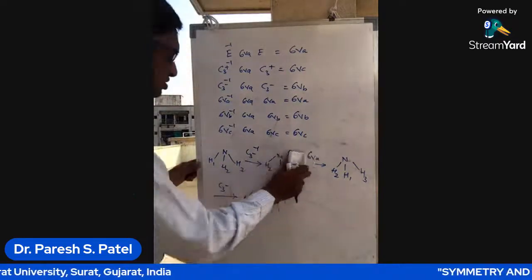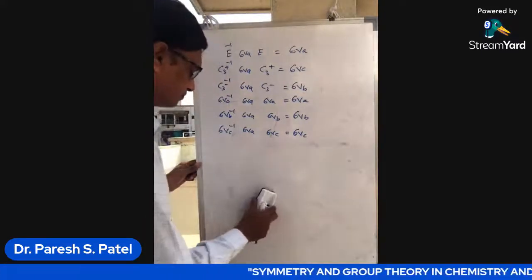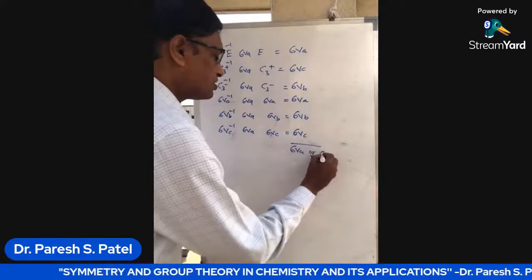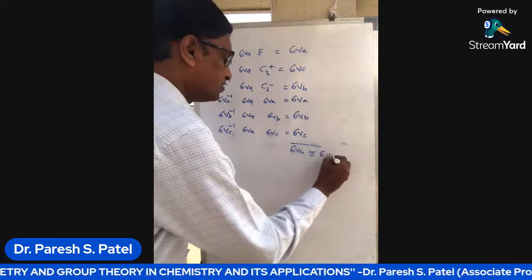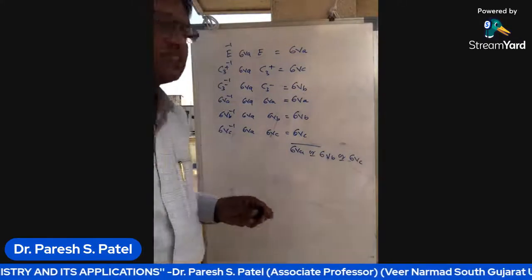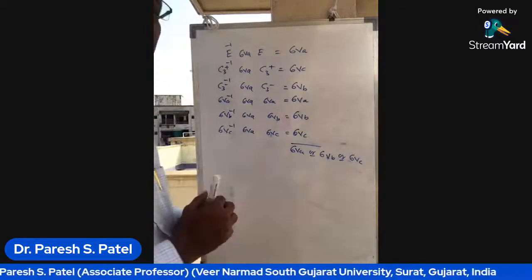So the overall result is sigma Va or sigma Vb or sigma Vc. This means sigma Va, sigma Vb, sigma Vc are conjugate to one another and form a combined class.